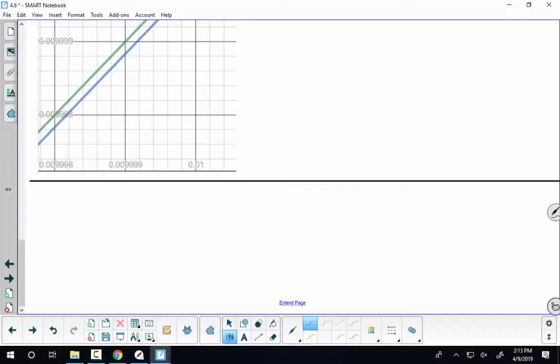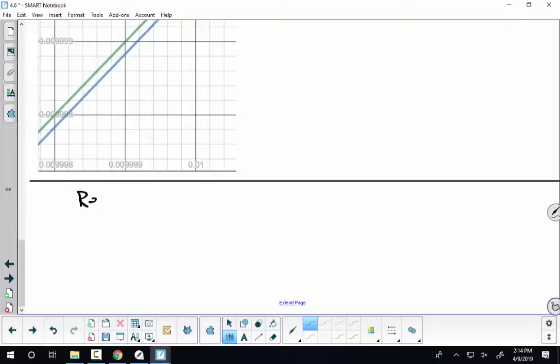So you can be asked to approximate like the sine of 30 degrees using the linear approximation. You just want to be mindful that you convert the degree measure into radian measure before you plug that into your linear approximation.